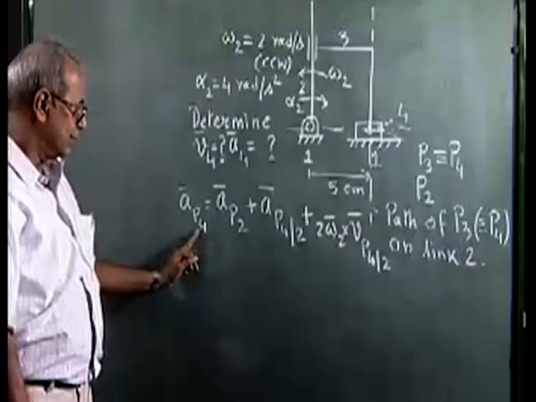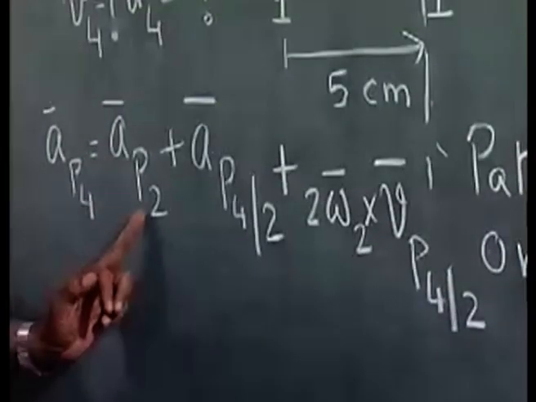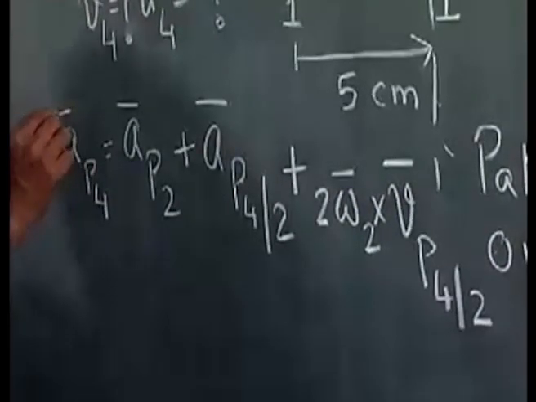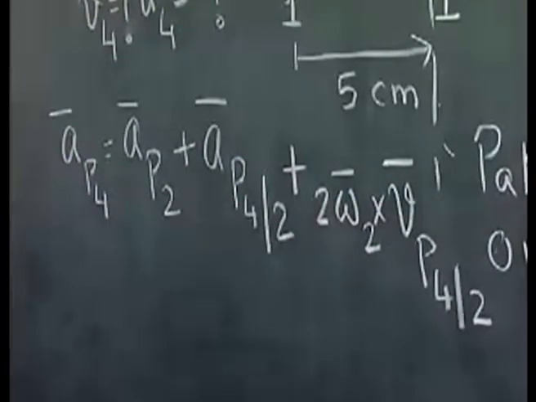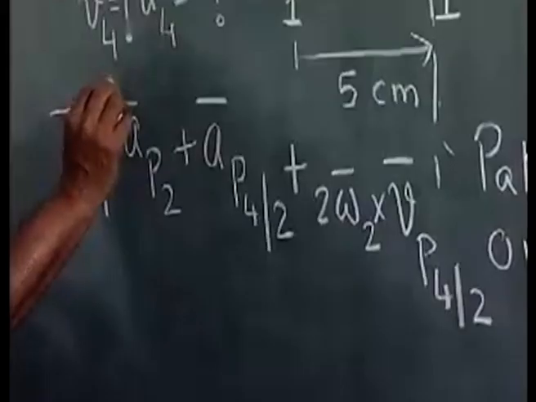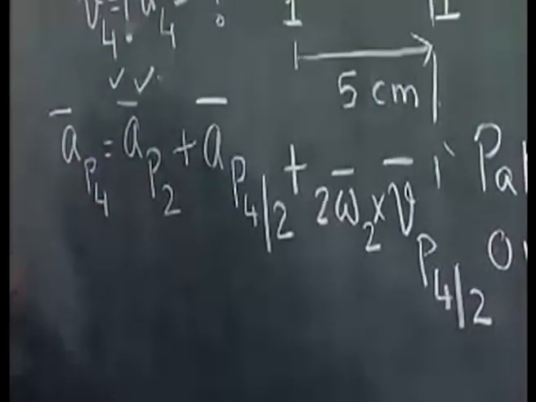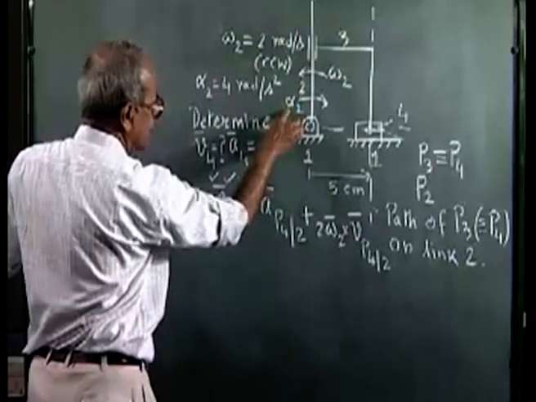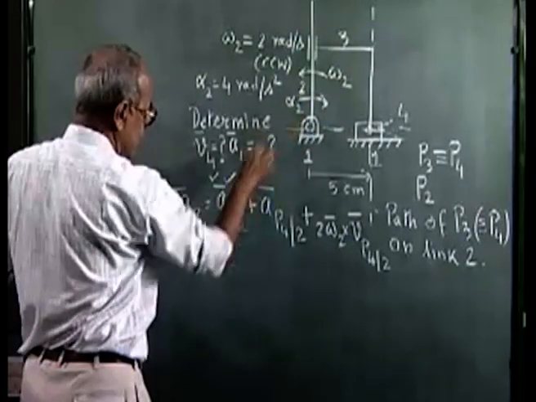P2 and P4 are coincident points, P4 belonging to link 4 and P2 to link 2. From this acceleration equation, let me determine which vectors are known and which vectors are unknown. AP2 is completely known because the input angular velocity omega 2 and input angular acceleration alpha 2 are prescribed.